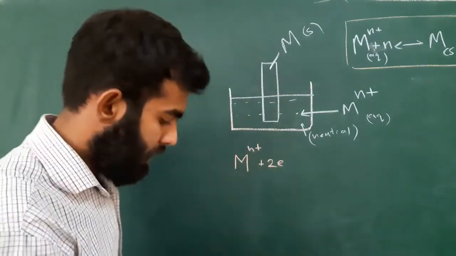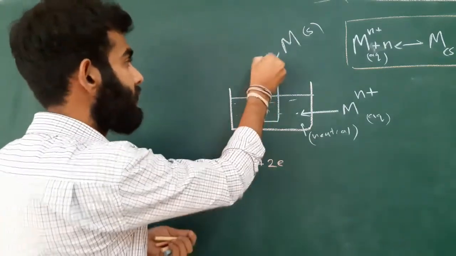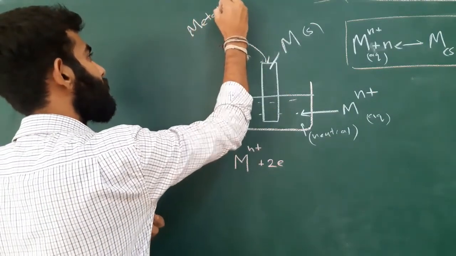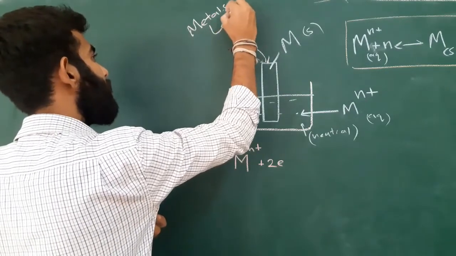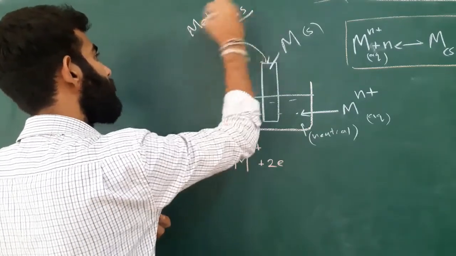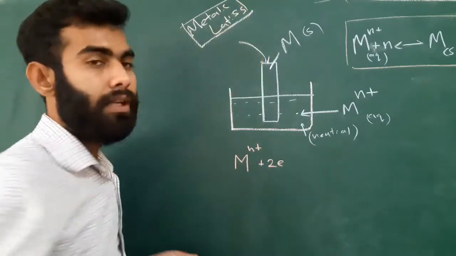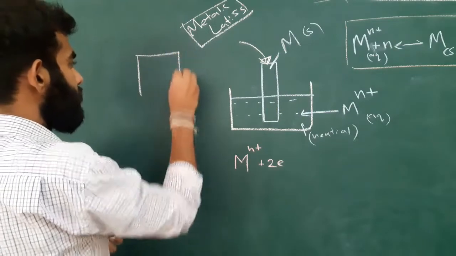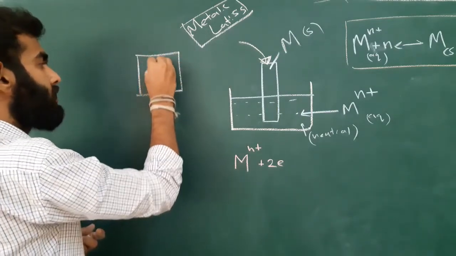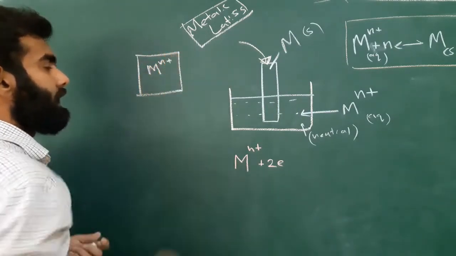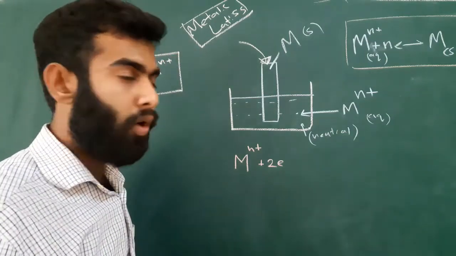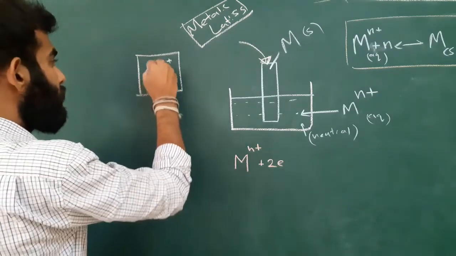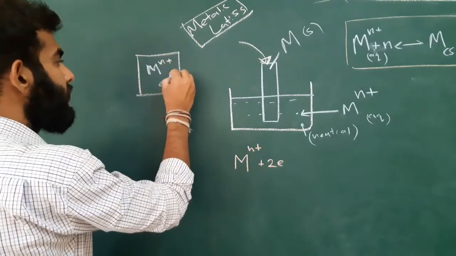Why? We know a metal contains a metallic lattice. We know metals are made of a metallic lattice. Metallic lattice means the positively charged metal ions are dipped in, or surrounded by, a sea of free electrons.